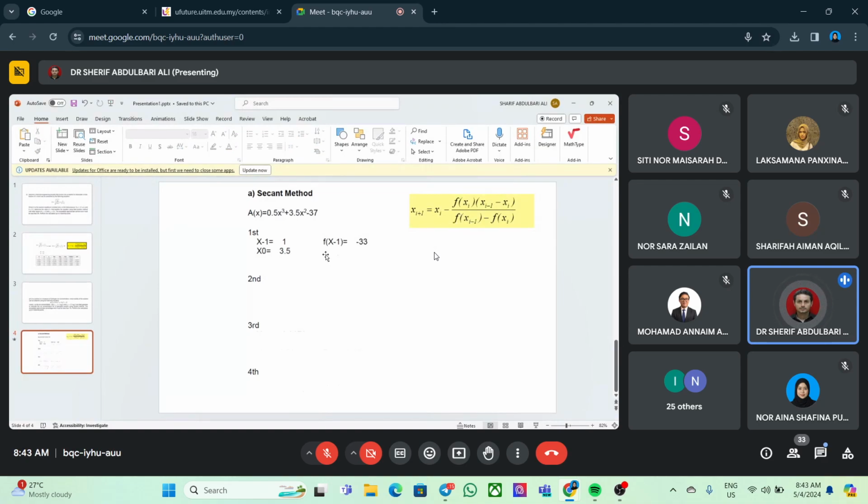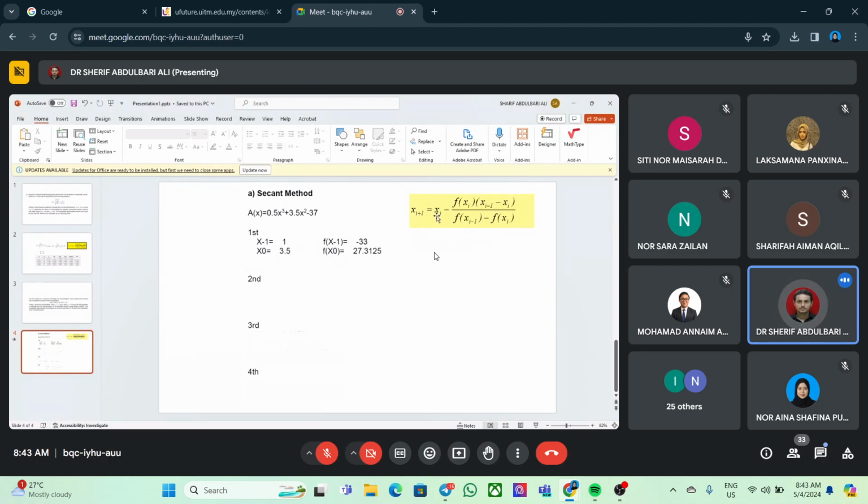And x initial is 3.5, so here it's 3.5 and here it's negative 33. The function of x i, I don't have this value yet, so I will find it when x is equal to 3.5. So 0.5 times 3.5 cubed plus 3.5 times 3.5 squared minus 37. The answer is 27.31. So now I have the values here.